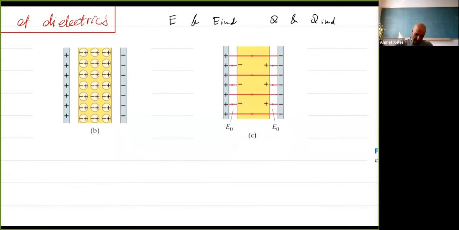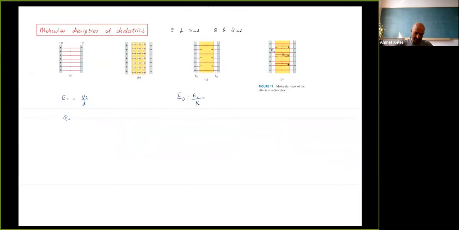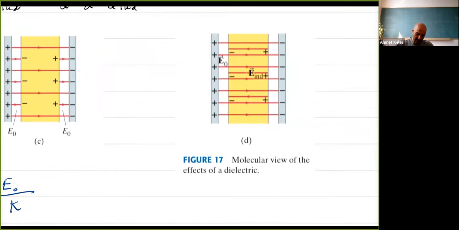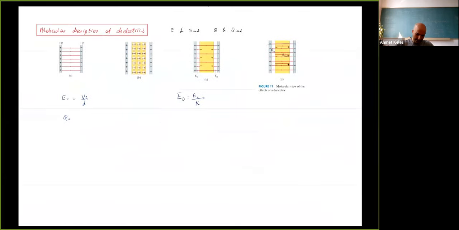So basically E0, okay, E_D, which we showed, is going to be some E0 divided by K. But where does this come from? It comes from some induced electric field in this thing, right? So there's an external electric field and this induced electric field. There is some sort of cancellation, and I end up with this E_D like this.